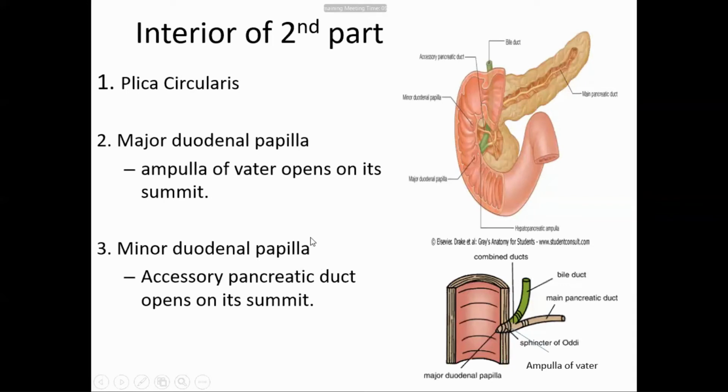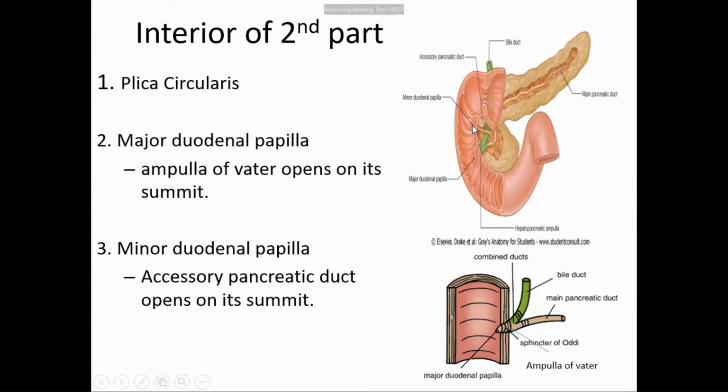Now the minor duodenal papilla. This minor duodenal papilla is present 2 centimeter above the major duodenal papilla, ventral to it.